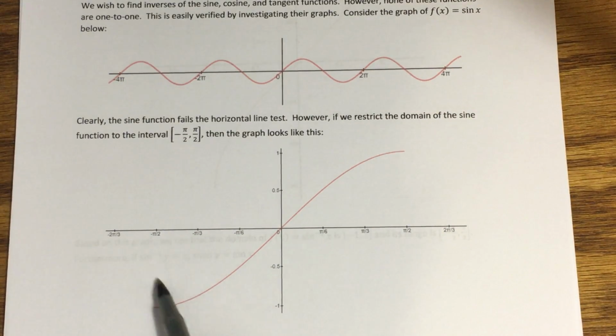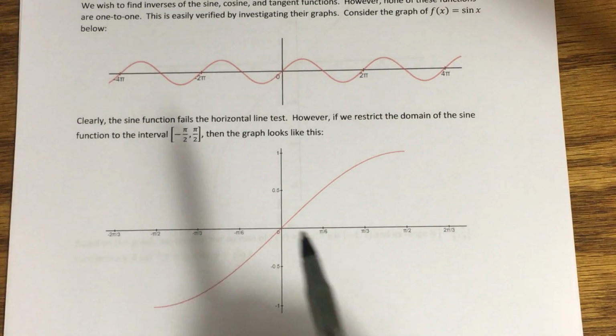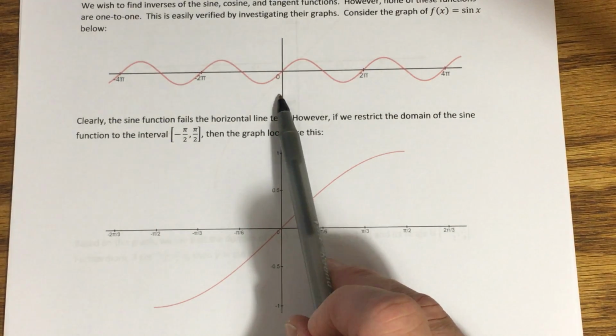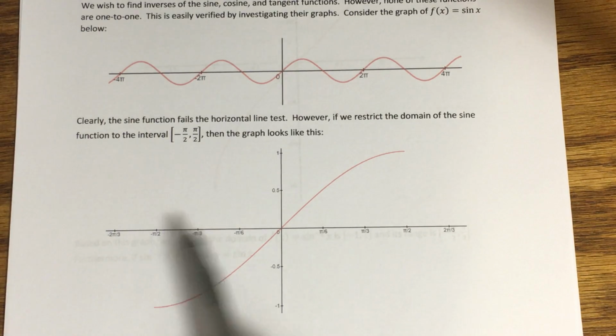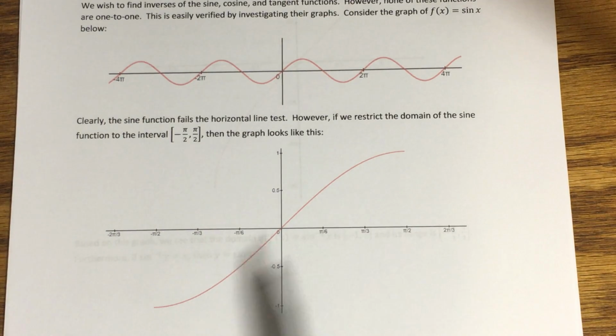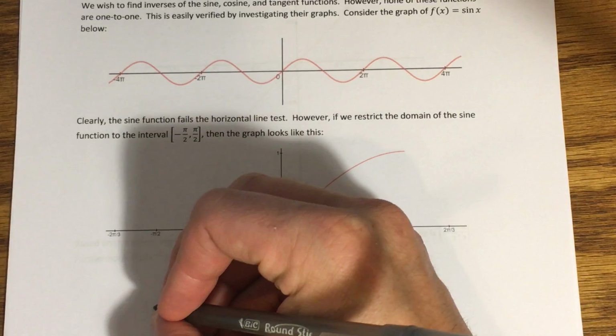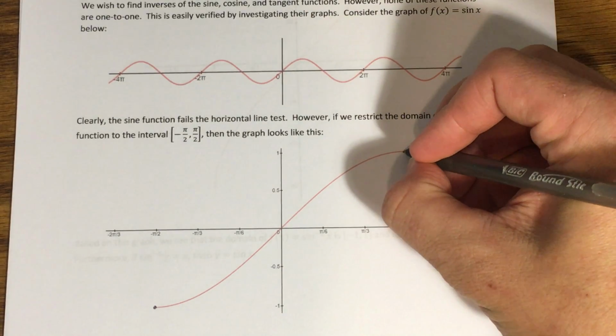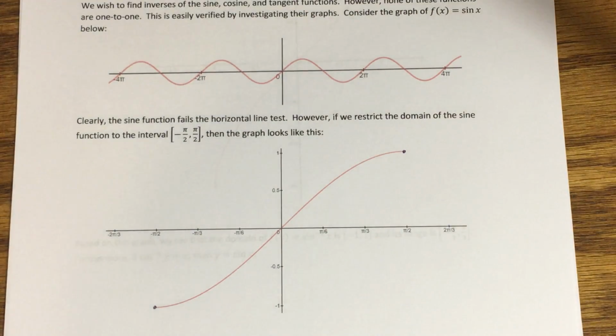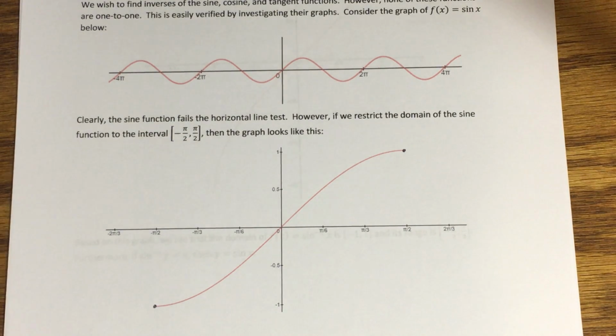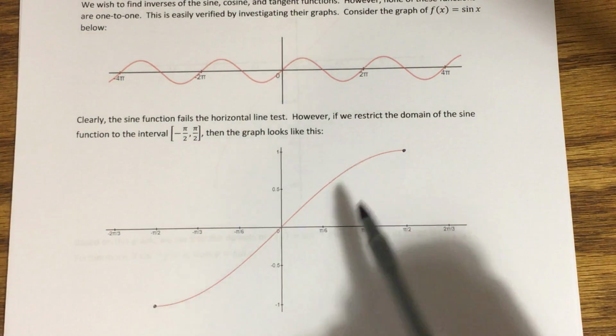And if you notice, that's what this graph represents. This is a zoomed in version of this graph, but restricted from negative pi over 2 to positive pi over 2. The graph actually ends here and here. It doesn't continue onward, okay? We've cut off the rest of that sine function. Notice that this little branch of our sine wave does pass the horizontal line test. And so this thing will work if we want to come up with an inverse of that sine function.